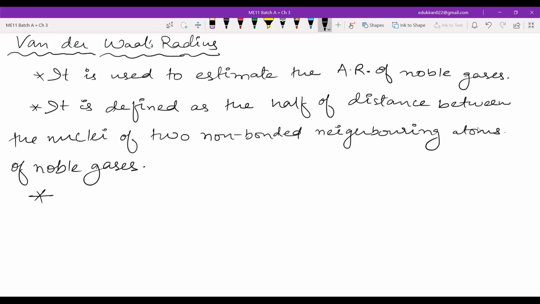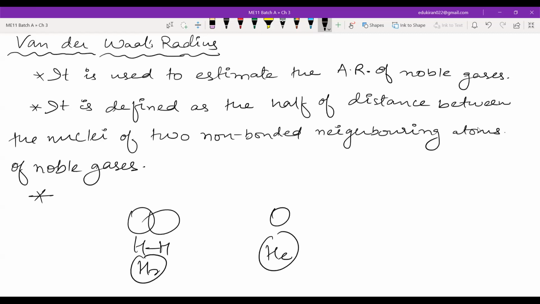Write one more point. Since noble gases have only van der Waals force of attraction, hydrogen and hydrogen can be bonded like this. This is H2. But helium you will find just as helium. So there will be one helium atom here, another here, another here. Obviously the distance between these will be very far. If I compare the radius of hydrogen and helium, which will be higher?